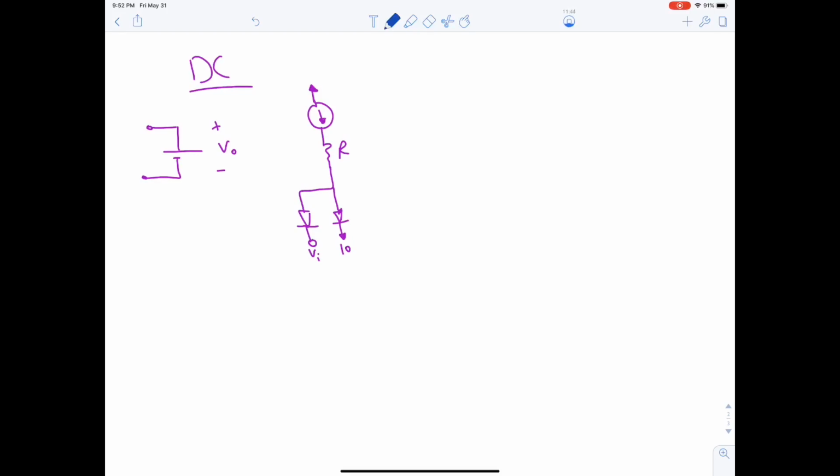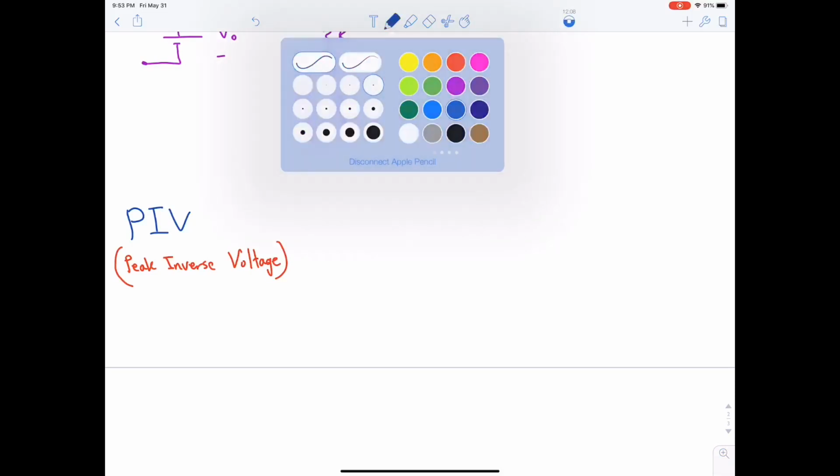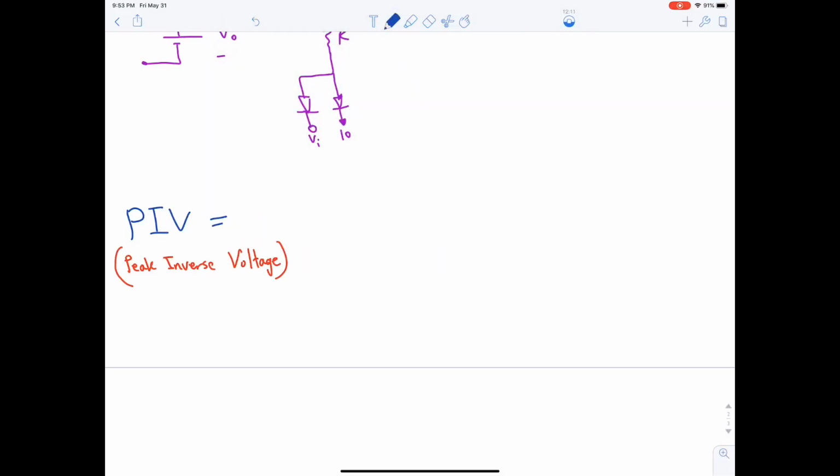So PIV. Each rectifier circuit has a certain PIV, and PIV is the peak inverse voltage. Let me write it down. Peak inverse voltage. Each diode has its own peak inverse voltage.